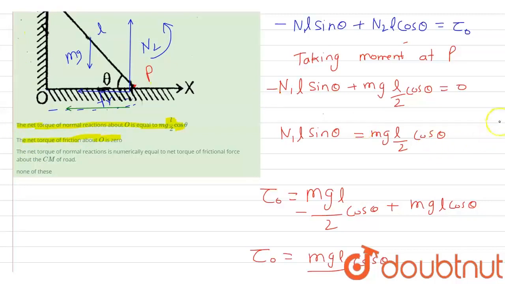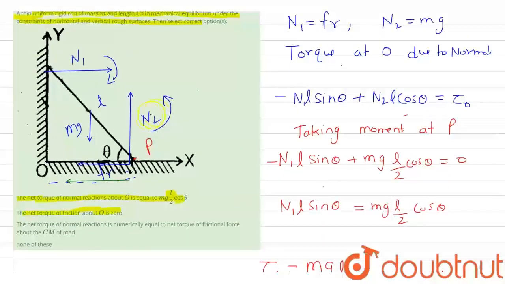Now talking about the third option, which says that the net torque produced by the normal reactions is equal to the net torque produced by the friction force at the center of mass. The center of mass is where the mg is passing. The perpendicular distance of N1 will be L by 2 sin theta, and the perpendicular distance of N2 will be L by 2 cos theta.